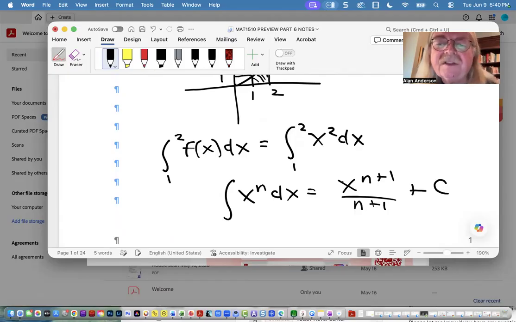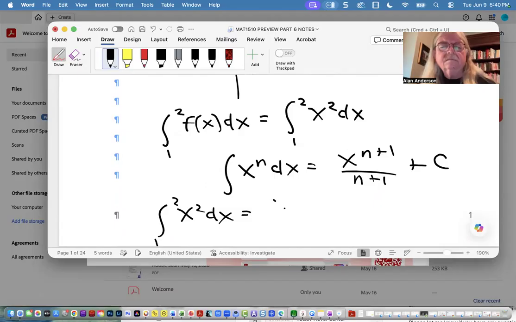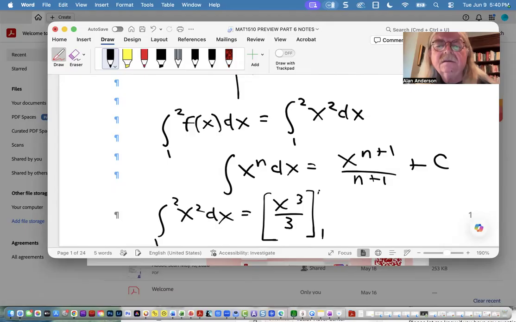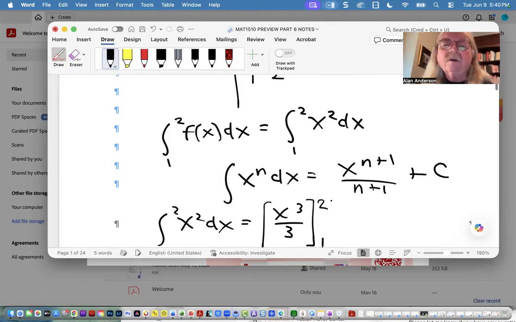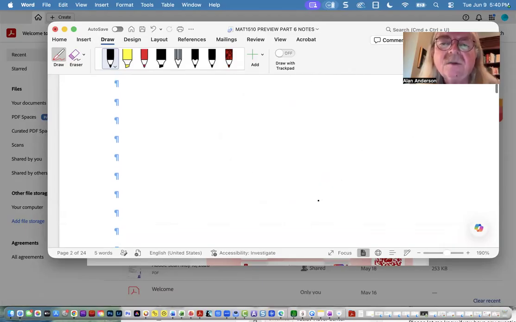And normally we also have a c here, but because in this case we're dealing with a definite integral, we won't need the c. Instead, what we have is this. Now, the notation here, there are so many ways we could write this. A lot of books will write it like this: square brackets to indicate that we're going to evaluate this function at both endpoints and then subtract. That's what that is short for.